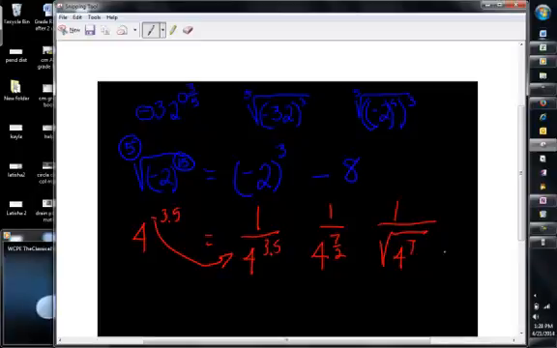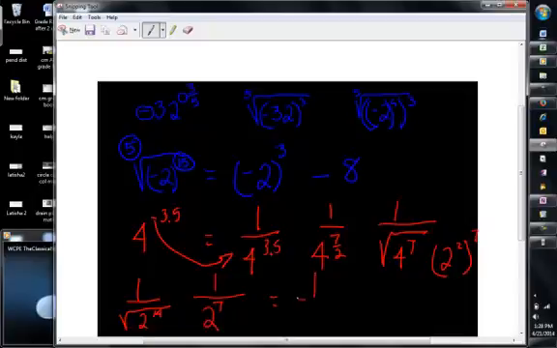But 4 is 2 squared, so 2 squared to the 7th, which is 1 over the square root of 2 to the 14th. How many groups of 2 can we get out of 14? We can get 7, so it's 1 over 2 to the 7th. Now really what I would do is, if it's a simple one, I would multiply it out, and the 7th is 128.